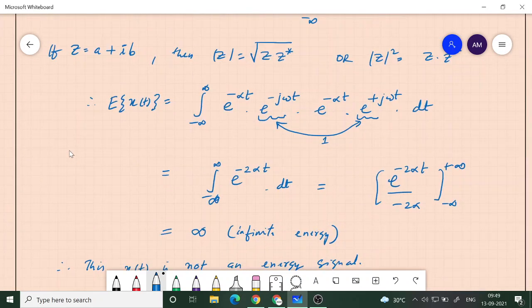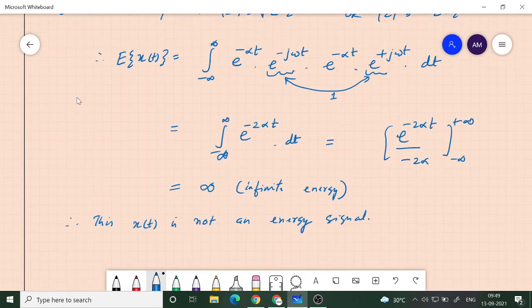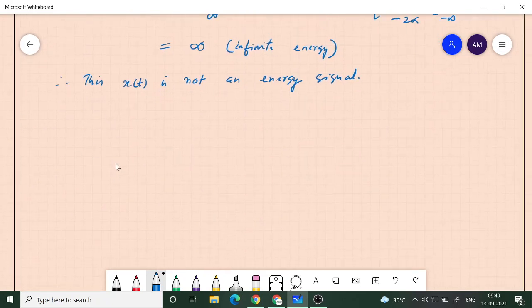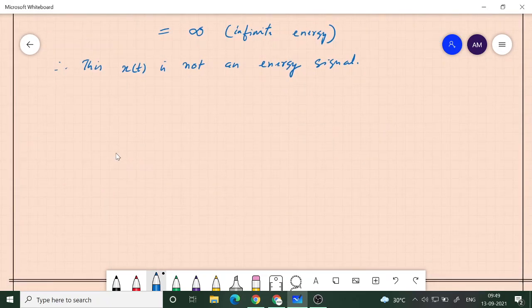So if at all we have to find a finite value, we need to redefine.